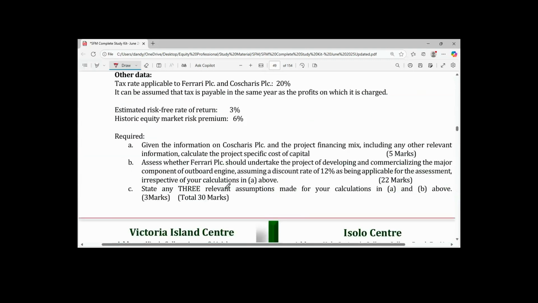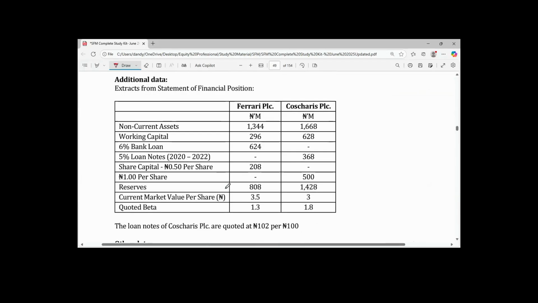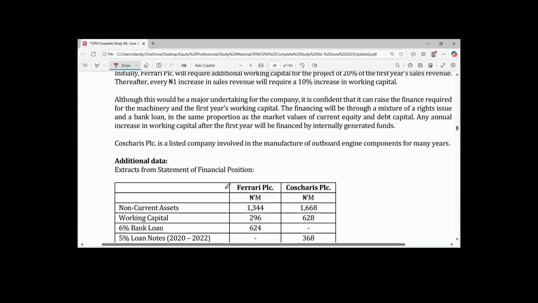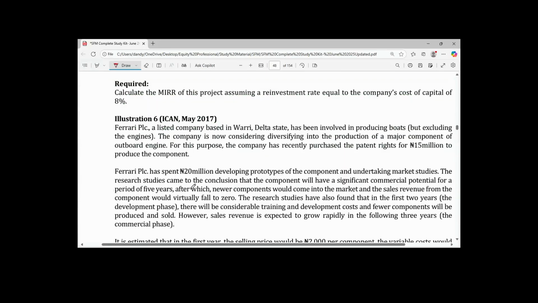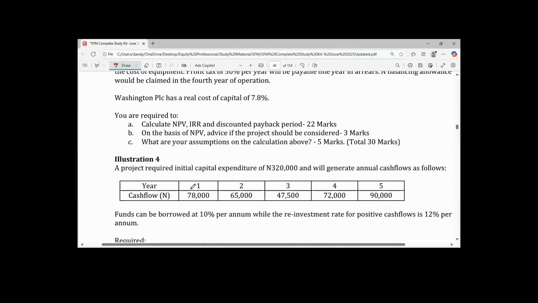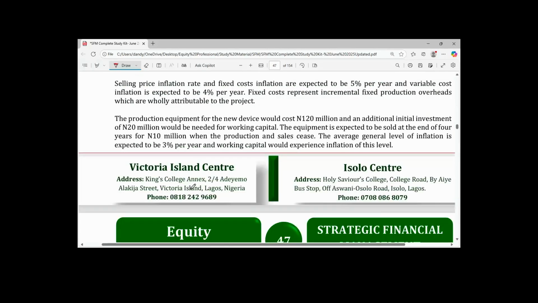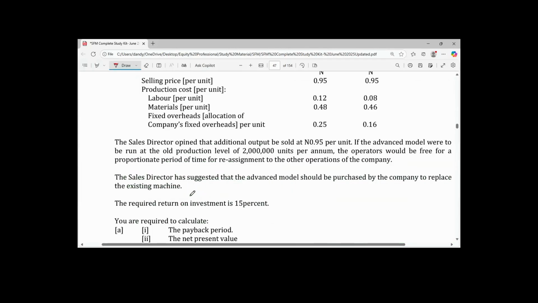So it's not in this material. We're also going to solve that one. Possibly I may add illustration number 6, just to make it 4. Then if we still have time, I can add one smaller question. But for now, let the class begin.